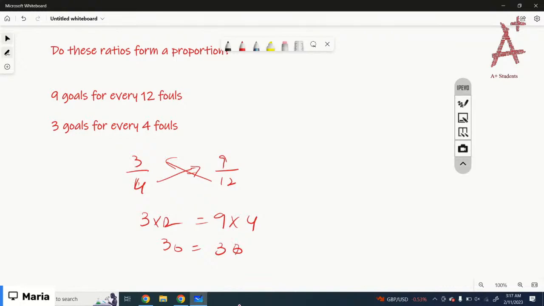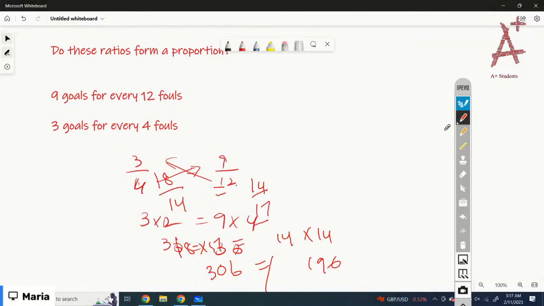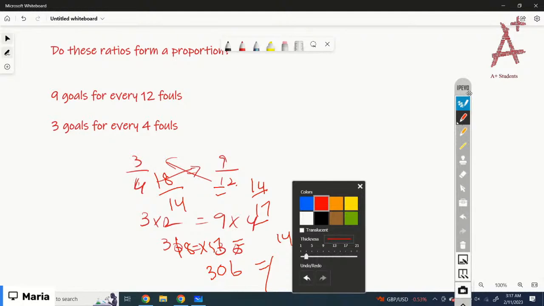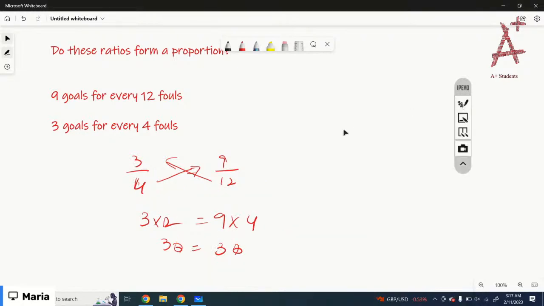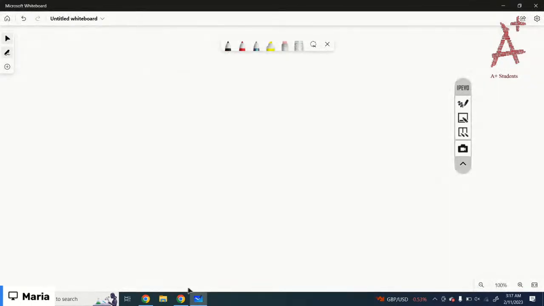When you multiply them, they have the same answer, so they are equal. The correct option is yes.